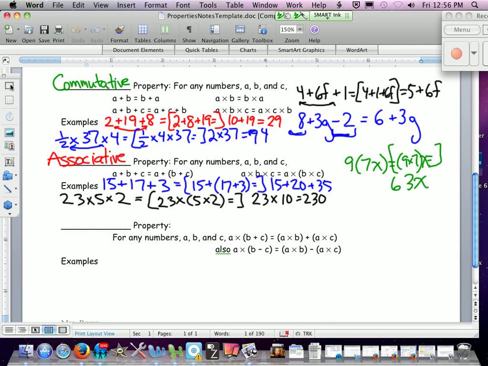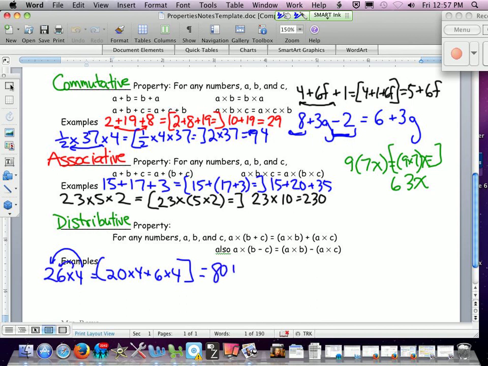We got one more property, we're just going to put it on there real quick. Distributive property: this one gets distributed to the multipliers, or the add-ins, or the subtraction. So if I had 26 times 4, I might instead do 20 times 4 plus 6 times 4. I don't even have to write it out. I can just do this times this, and this times this, to get 80 plus 24, 104.